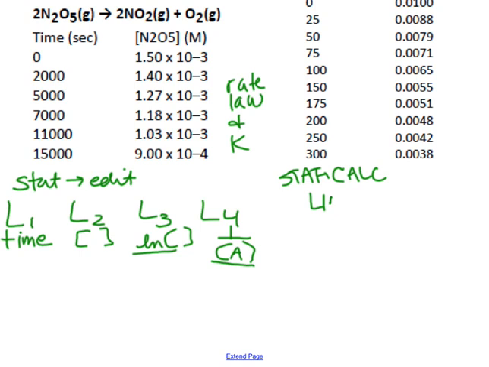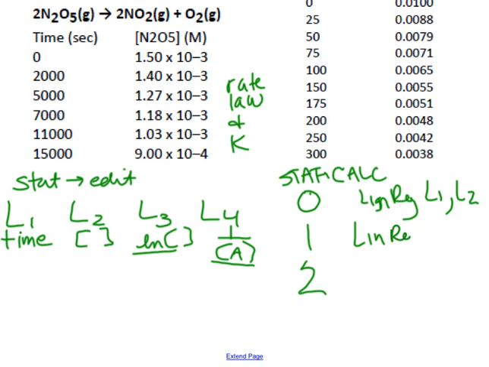You're going to pick the Lin Reg button, and you're going to do 3 different linear regressions. You're going to do one for a 0 order, one for a first, and one for a second. What did you plot for a 0 order? Time and concentration, right? So you're going to do L1, comma L2, and I'll talk about the entry of that in a minute.